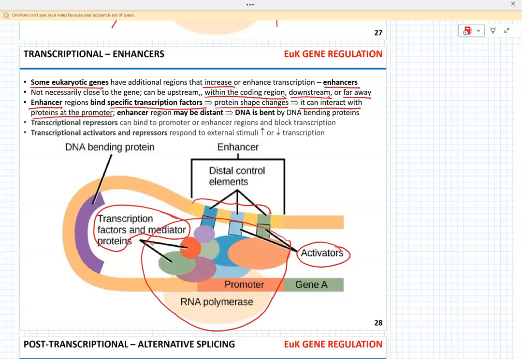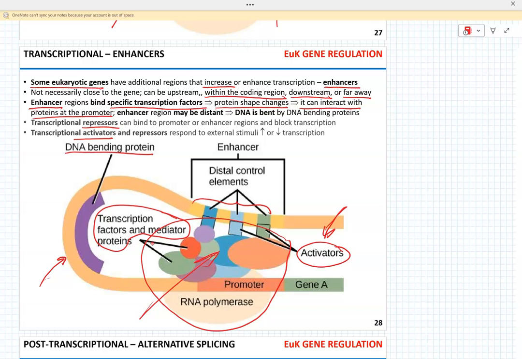In order for those activators to bind to the transcription factors on the promoter, as you can imagine, DNA must be bent. In order for it to be bent, a special DNA bending protein brings the activators closer to the transcription factors bound to the promoter. Proteins that regulate transcriptional efficiency may not only be activators, they may also be repressors.